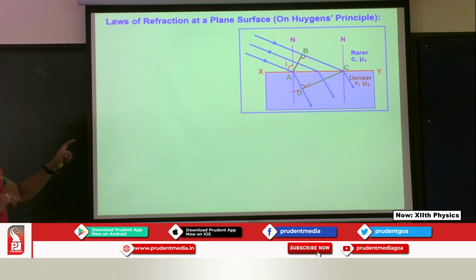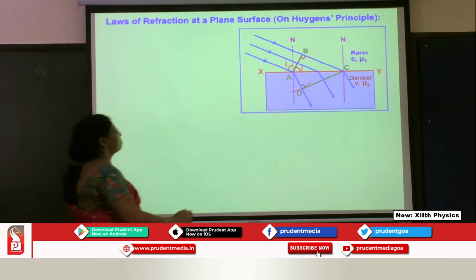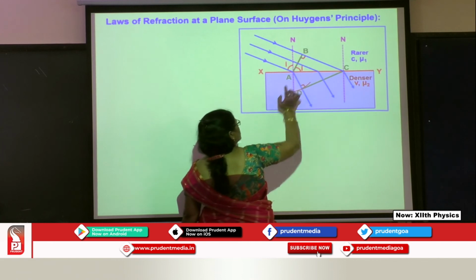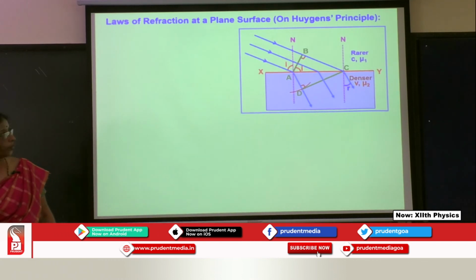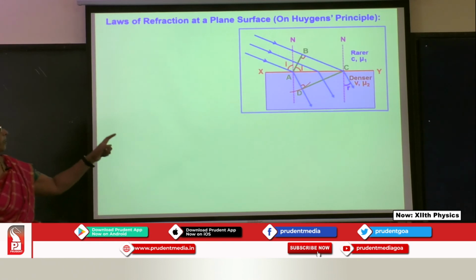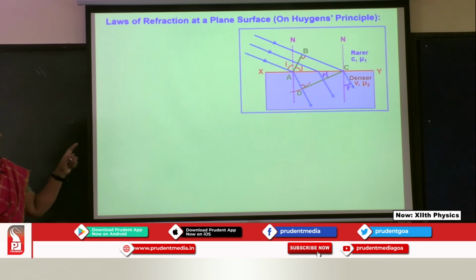In the same way over here, when you draw a normal, angle BAC is also equal to angle i. Now when you consider over here, this is the refracted wavefront in the second medium. Angle r is the angle between the normal and the refracted wavefront, the angle of refraction.